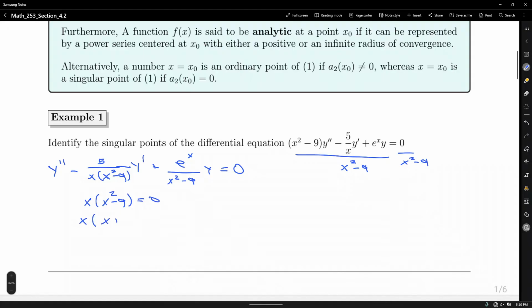That's x times x plus 3 times x minus 3, factoring the difference of squares, and using the zero product property we would get how many singular points? A total of 3: 0, -3, and +3. So these are singular.